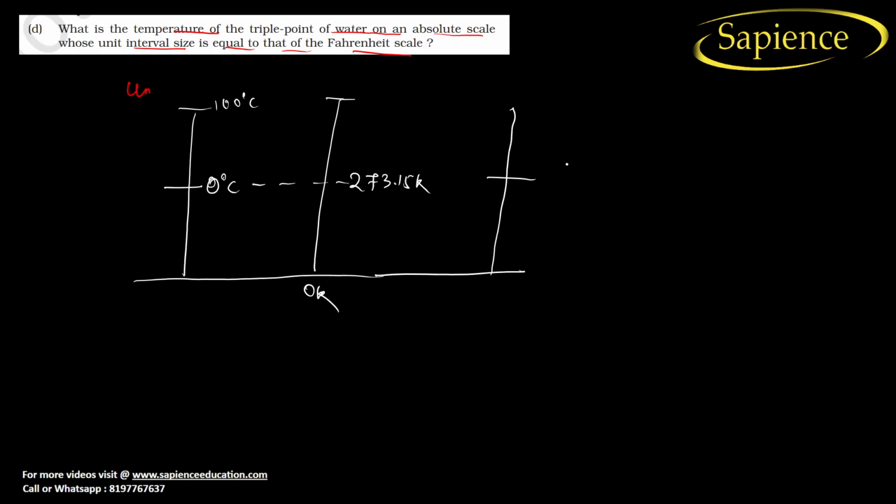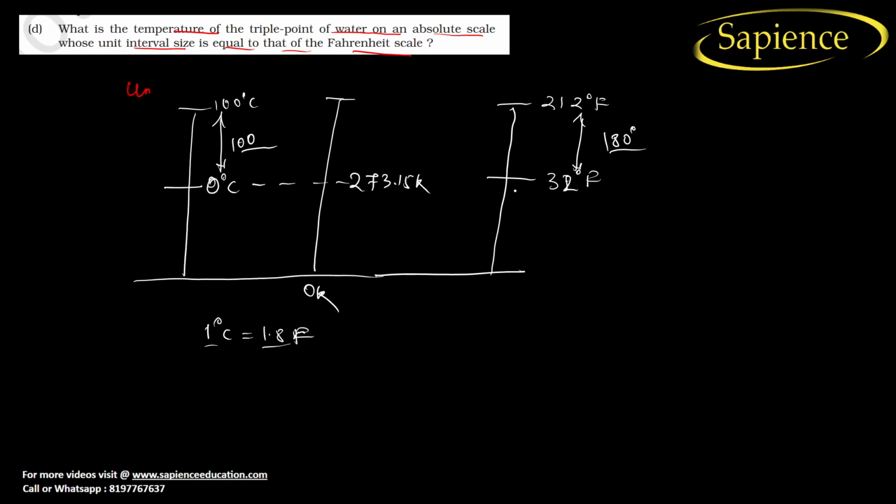So for the Fahrenheit scale, we know that 32 degree Fahrenheit is equal to 0 degree Celsius, and 212 degree Fahrenheit is there. The gap is 180, while the Celsius gap is 100 only. So it means that a gap of 1 degree Celsius is equal to 1.8 times the Fahrenheit, right?